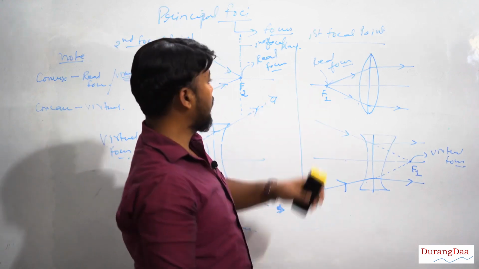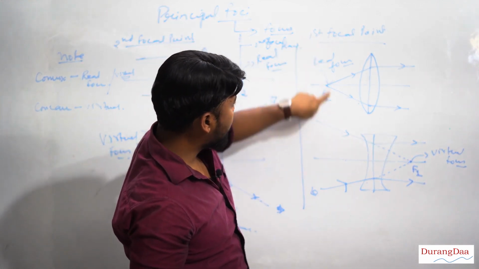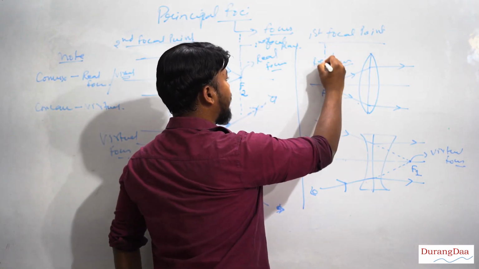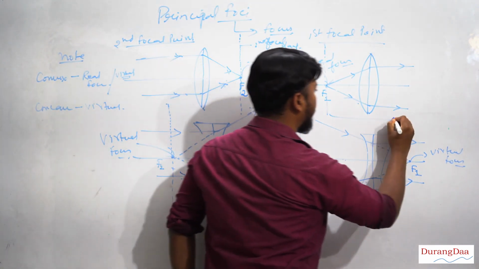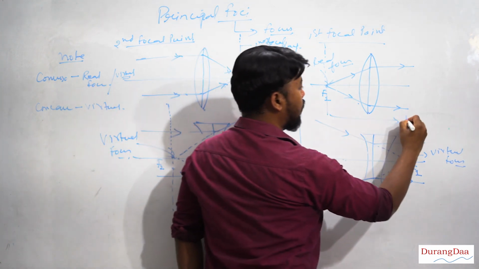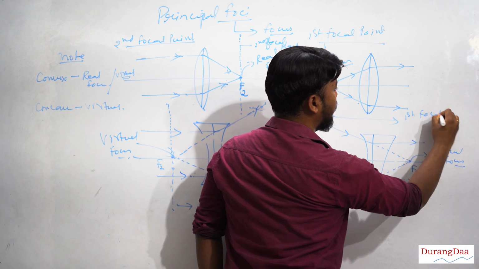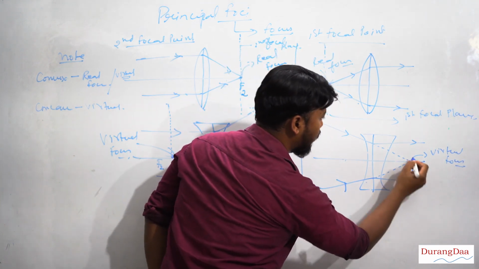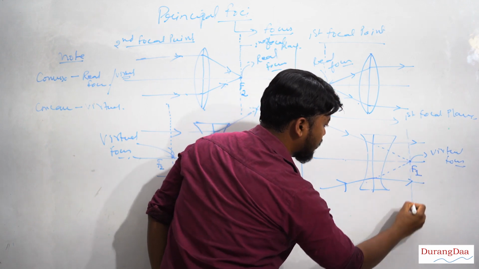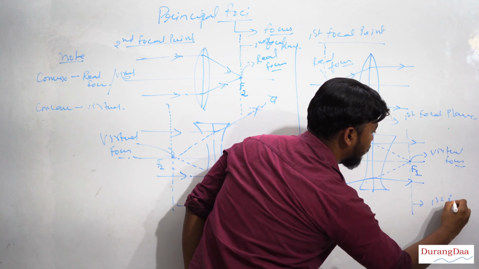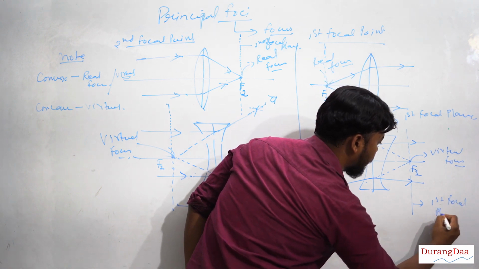In this figure, if you draw that imaginary perpendicular line through the principal axis, this dotted line, what should be the name? Because it is passing through the first focal point, I'll call it the first focal plane. In this figure, because this is the first focal point for concave, if I draw this dotted line passing through it, it will be called the first focal plane.